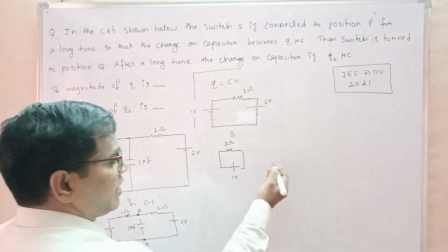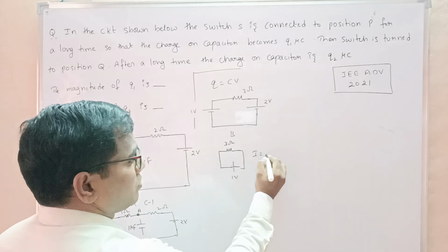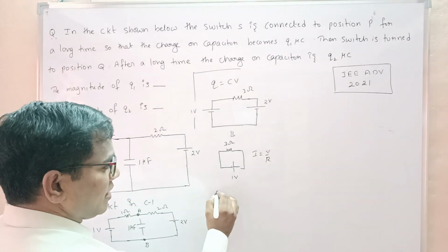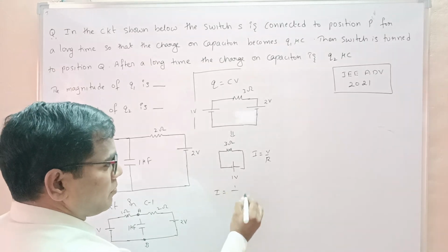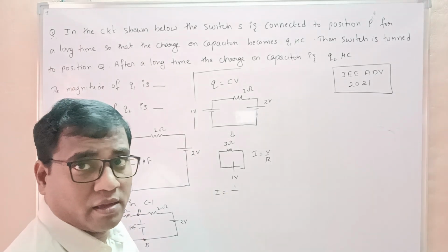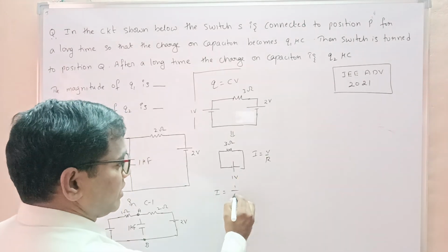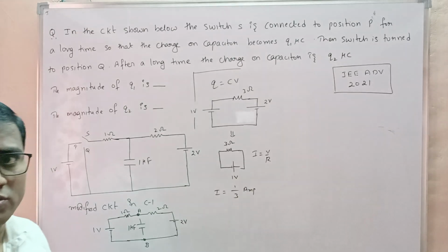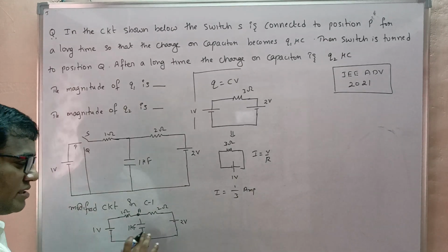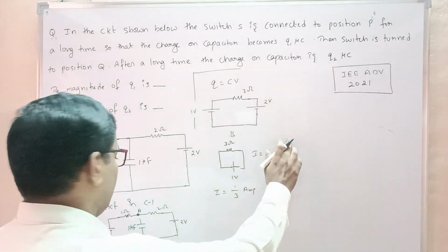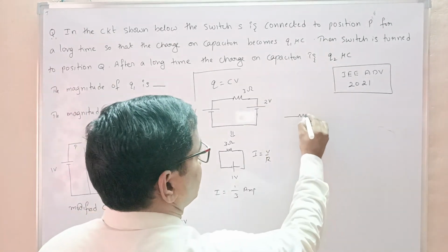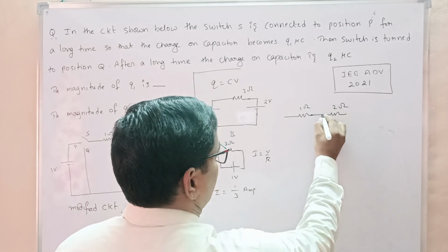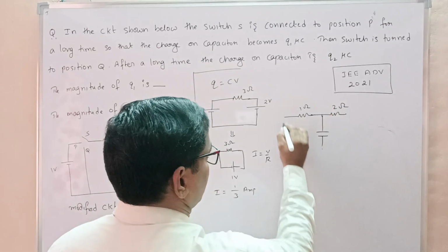Now we can find I equal to V by R. So I is equal to 1 by 3, since the potential is 1 and R is 3, so I is 1/3 ampere. Again I am drawing this circuit here: 1 volt, 1 ohm, and this one is 2 ohm, and here the capacitor is given.